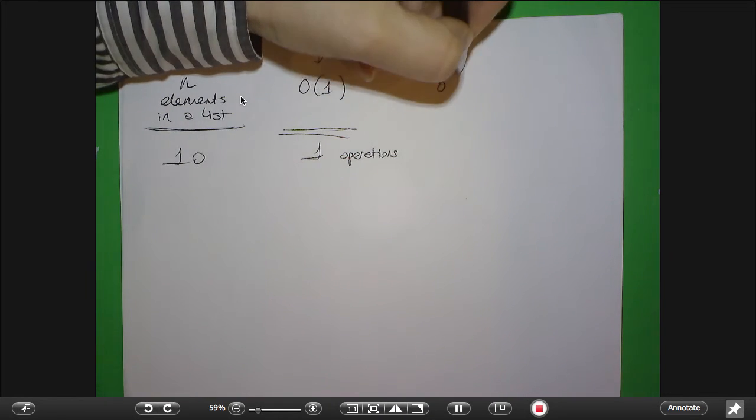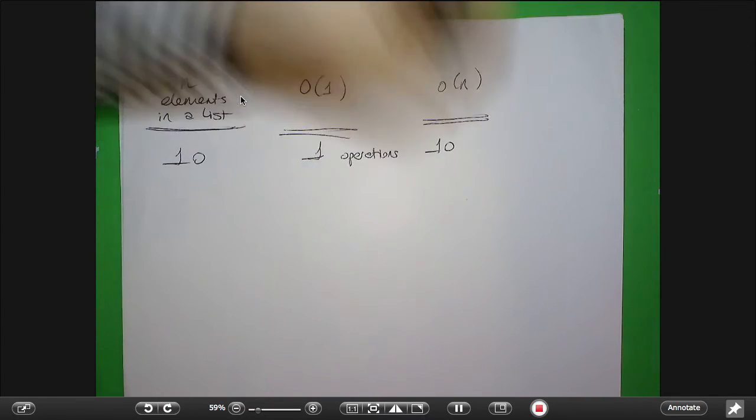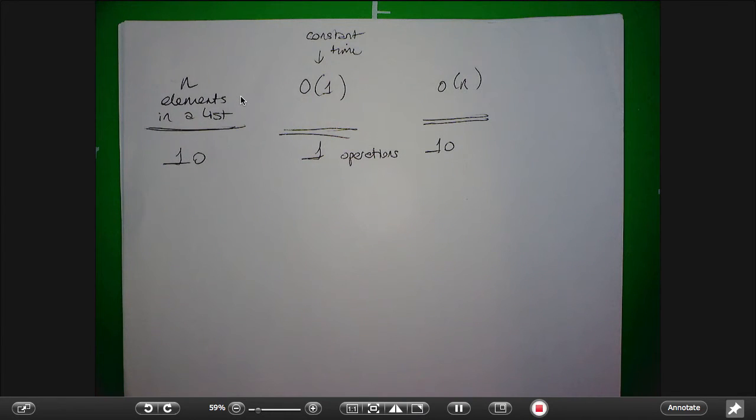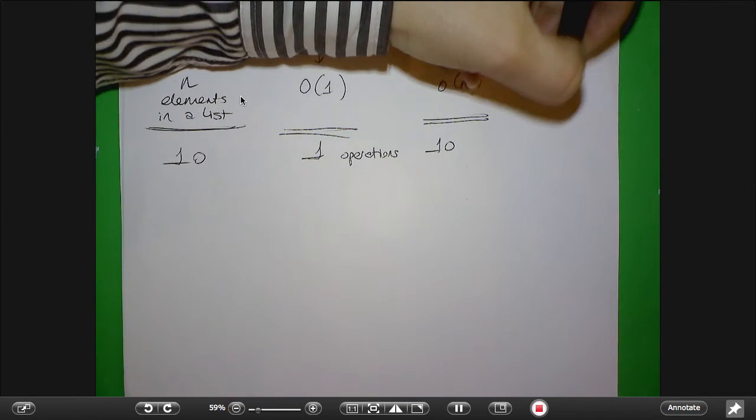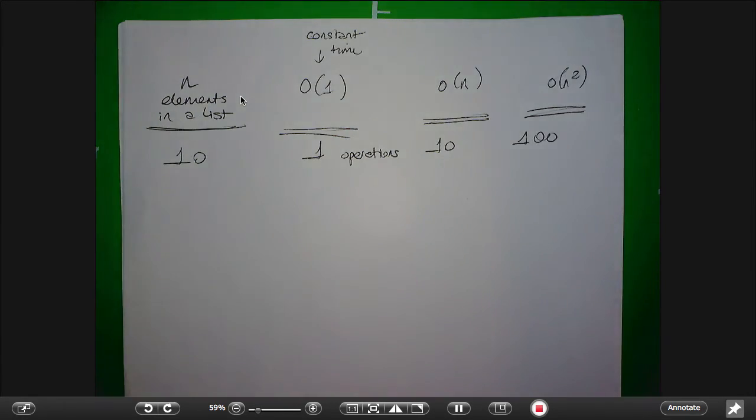When you have order of n, that means you actually do 10 operations: 10 reads, 10 writes, 10 if statements, 10 times something. When you have order of n squared, you do 100 operations, meaning 10 times 10, 10 squared.